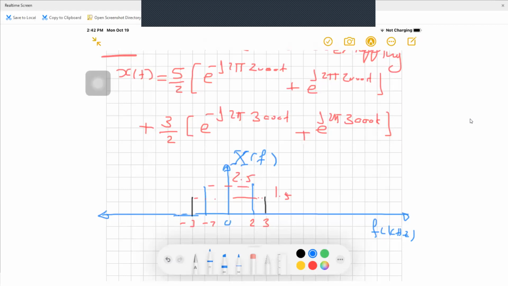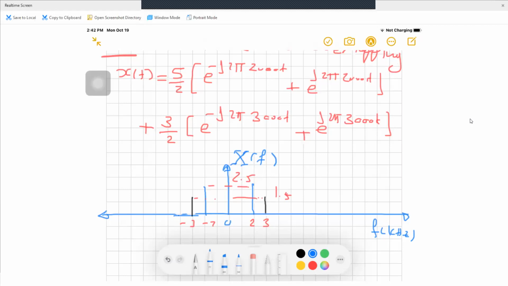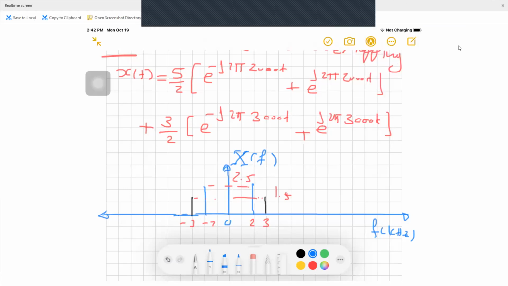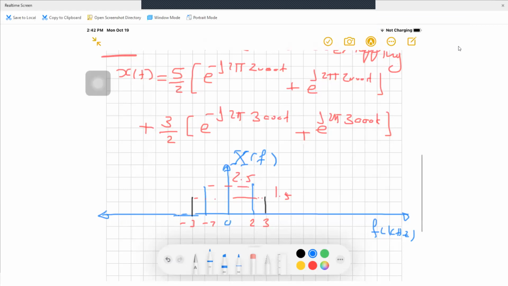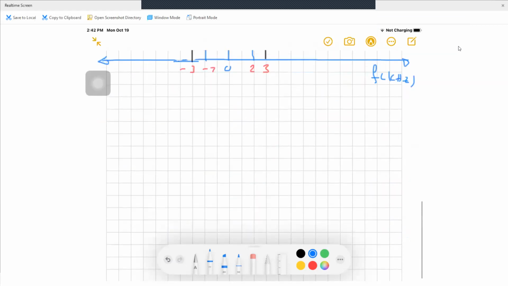So we have X of f with the frequency axis f in kilohertz. Now the next step is to plot the spectrum for the function S of f.